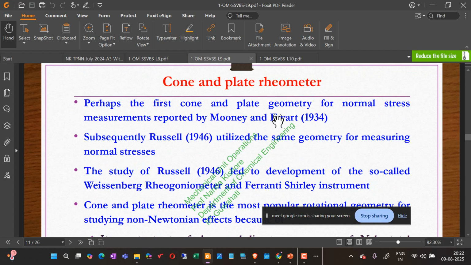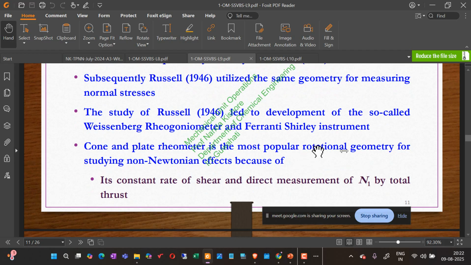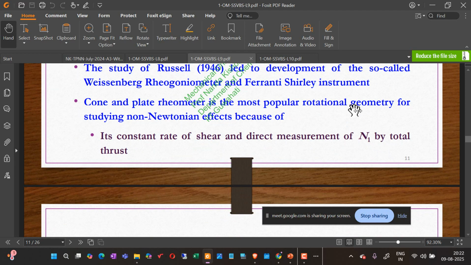Mooney and Ewart started with that, but most of the work and the current cone and plate rheometers are actually followed and adopted from Russell's work, which came up in 1946. The cone and plate rheometer is the most popular rotational geometry for studying non-Newtonian effects because of its constant rate of shear and direct measurement of the normal stress N1 by total thrust.